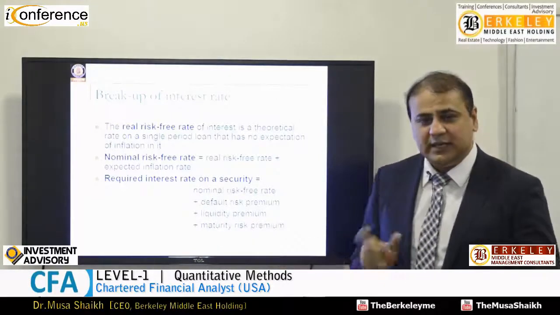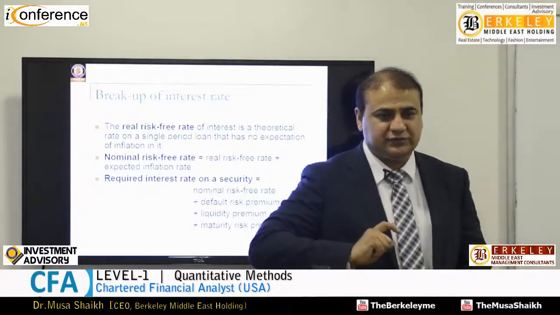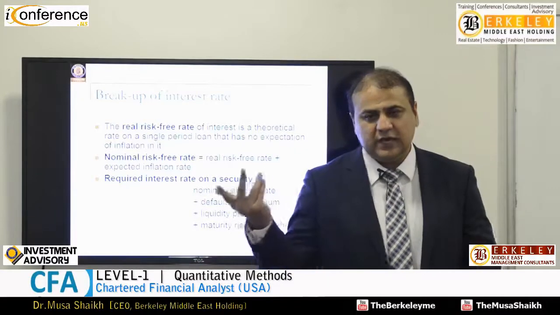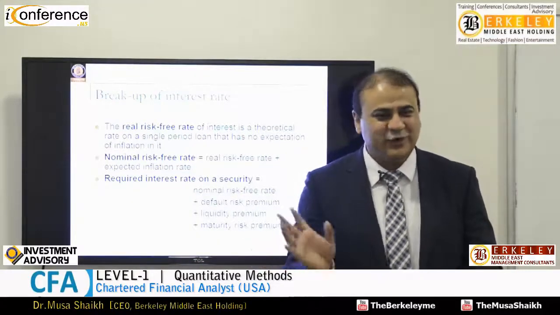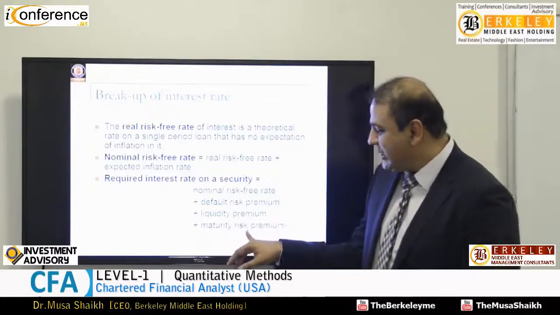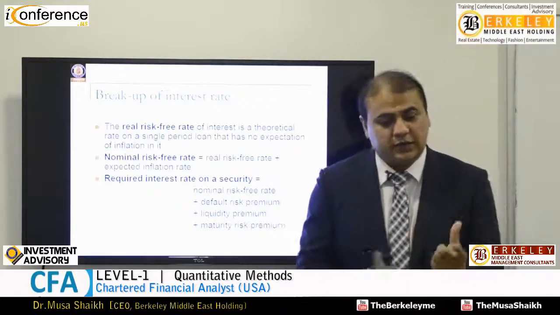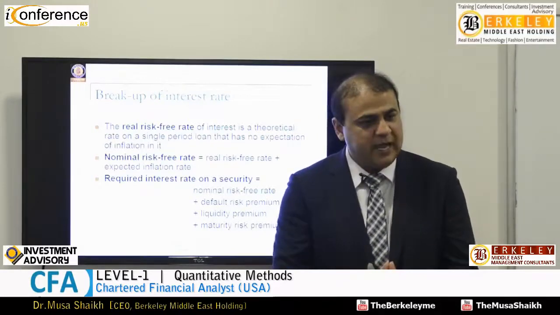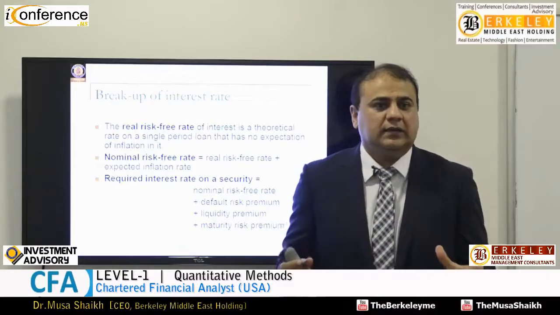Liquidity is the ability to turn anything into cash, right? When you have cash, we say you have liquidity. If you don't have cash, we say you are not liquid anymore. You have become a solid. So this is the liquidity premium. Maturity risk means if you are going to invest for 5 years, for 5 years your money is at risk, even if it is with a bank or regulated institution, but still risk is there.